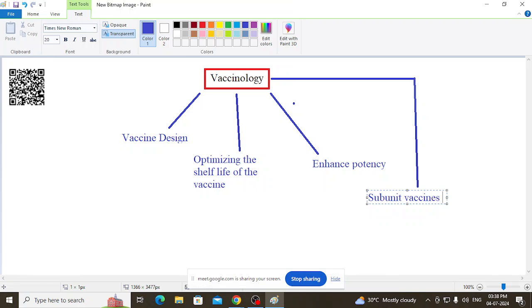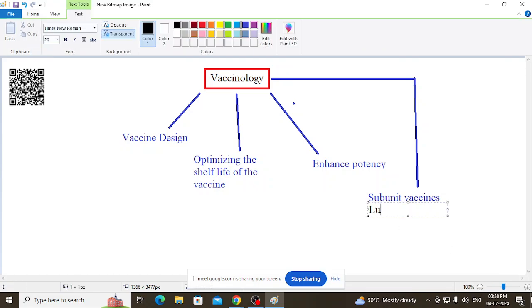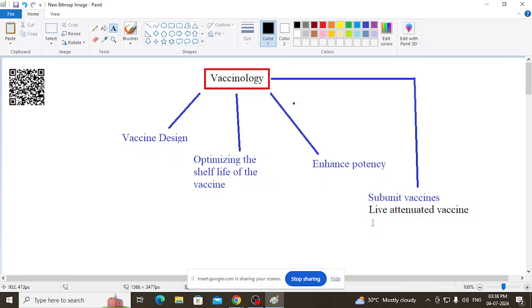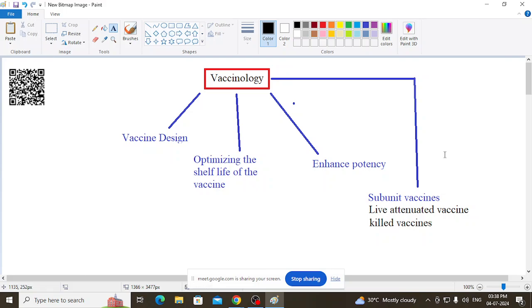Then there are live attenuated vaccines, and there are killed vaccines. So what is the primary objective of a vaccine?